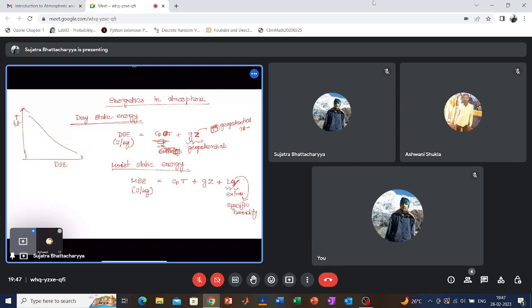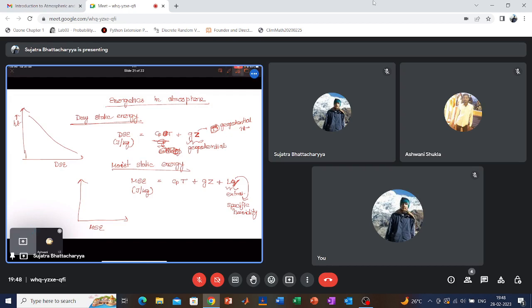So this generally varies like this. Just a minute. I think I have made this thing wrong. The dry static energy is not like this.